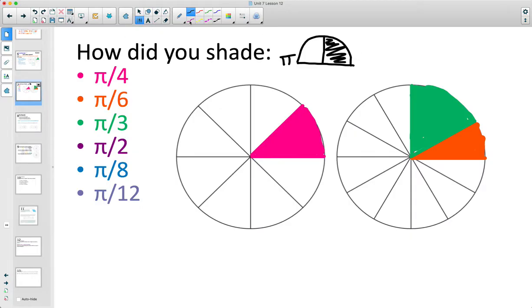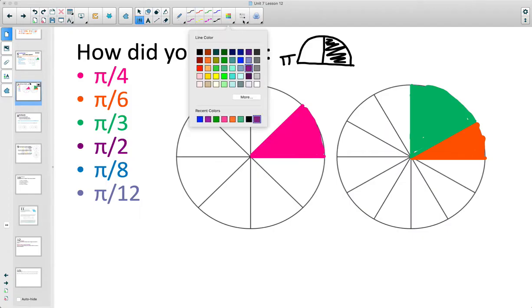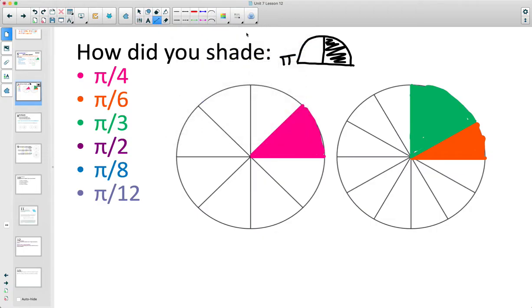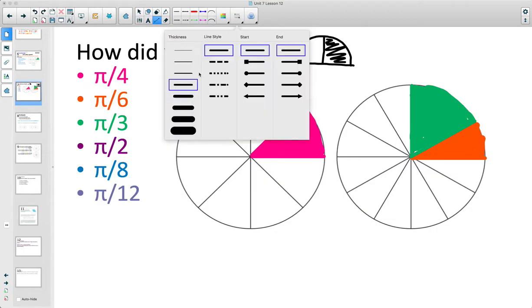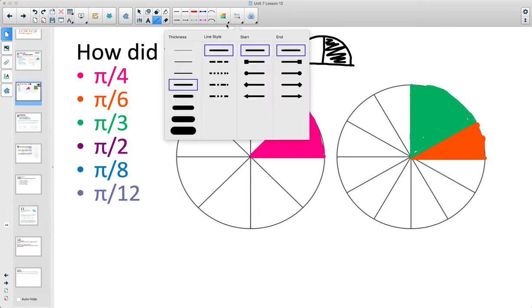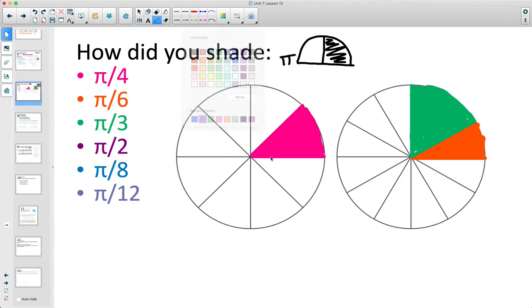Whichever circle you feel like, because remember the goal was to try to fill up as much of the circle as you can. So depending on when you drew that one, I'm just going to draw it in here. Oops, wrong color. You could have done it here, or you could have done it here.